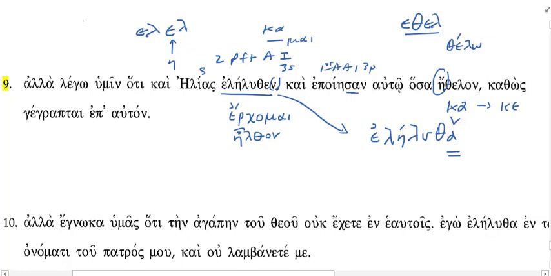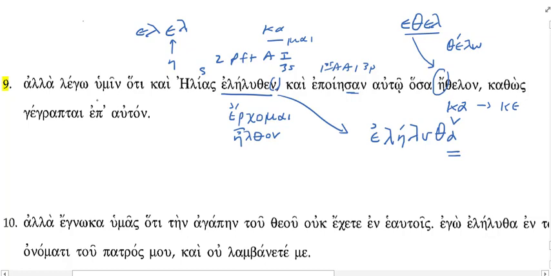And it's this that is used for the form that we're looking at here. So this is actually an augment. So this is past tense. So they did to him all which they desired or wished.